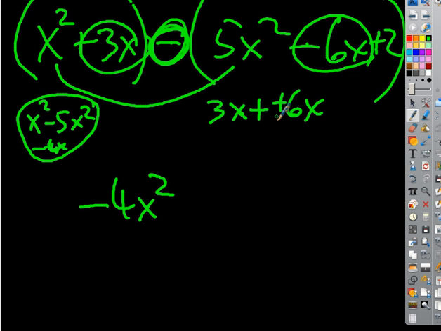If I subtract a negative, that becomes positive. So 3x plus 6x is plus 9x. And then I don't have a constant in the first part, so I'm subtracting 2. And so when I'm done, I have negative 4x squared plus 9x minus 2. So that's adding and subtracting polynomials.